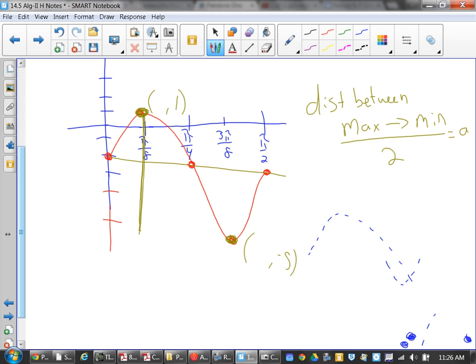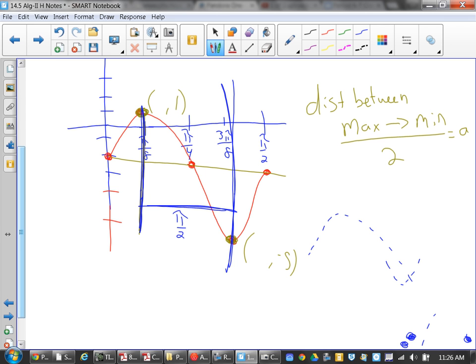Now, the other thing I want to show you here is not knowing what your period is. If you look at the distance between here and here, how far apart was pi over 8 to 3 pi over 8? Pi over 2. The distance between those two was pi over 2.